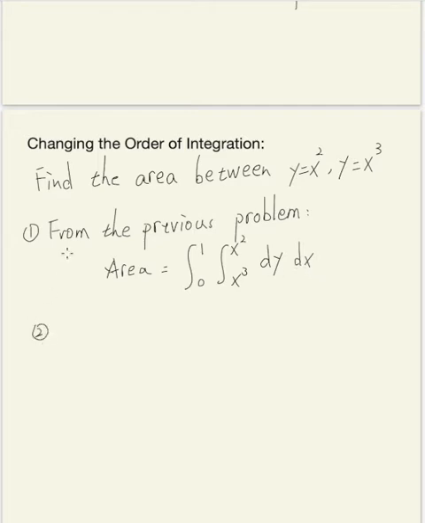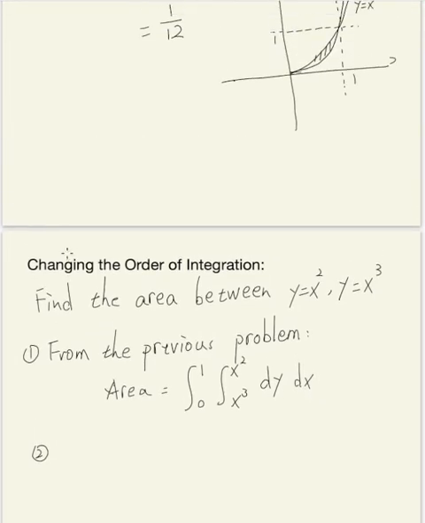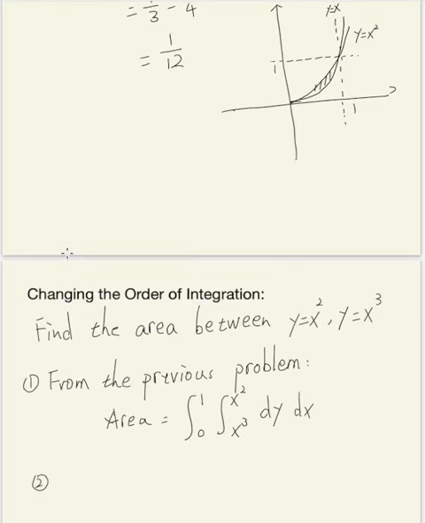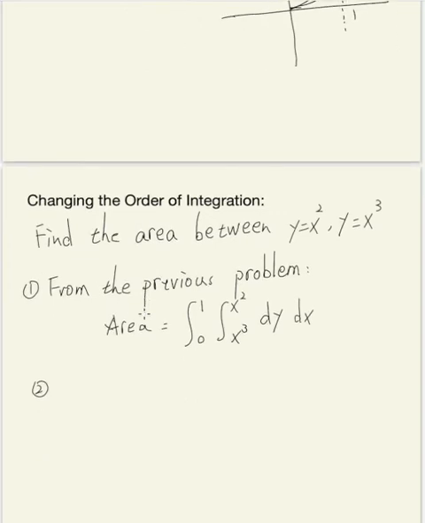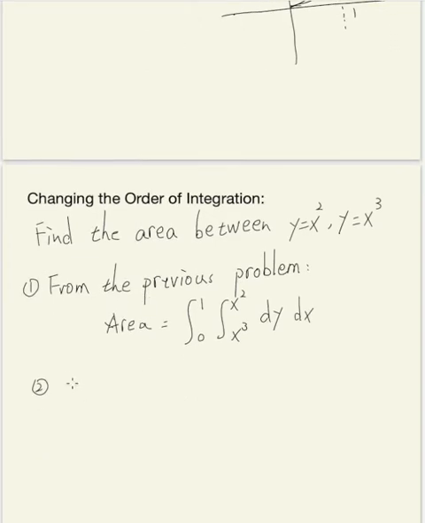Now we're saying we can change the order of integration and integrate horizontally, which is in the x direction first, and then with respect to y. So how do we do that? We notice that the curve y equals x squared is the same as writing x equals square root of y, of course when x is larger than or equal to 0.